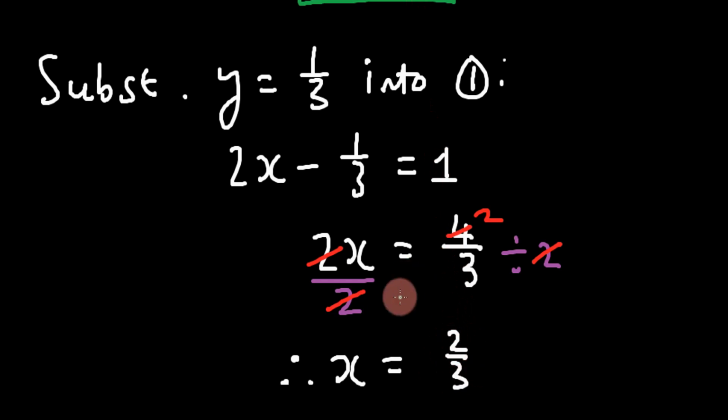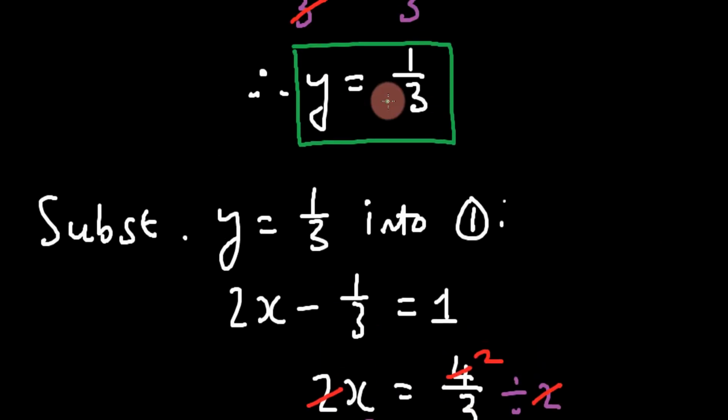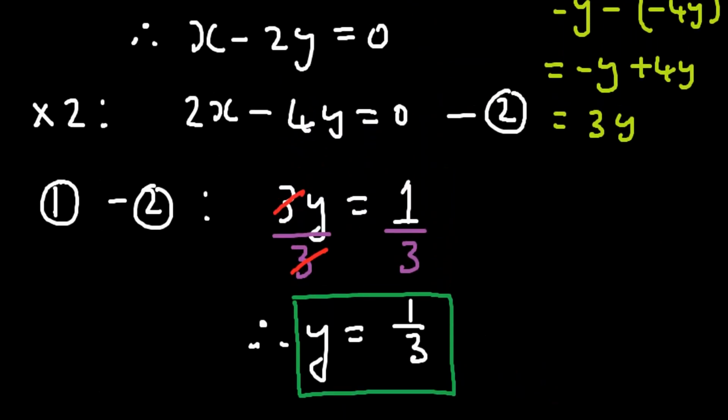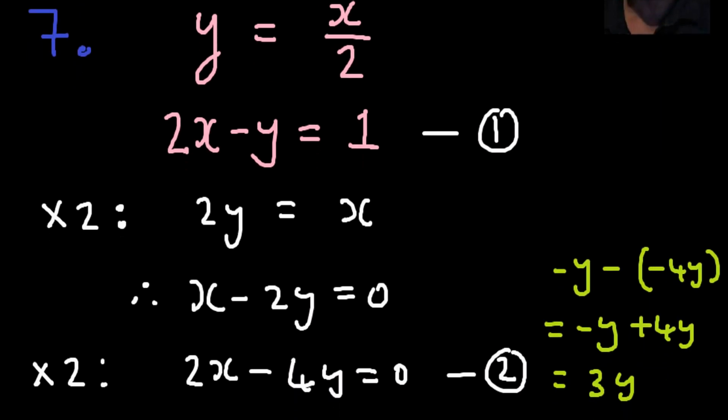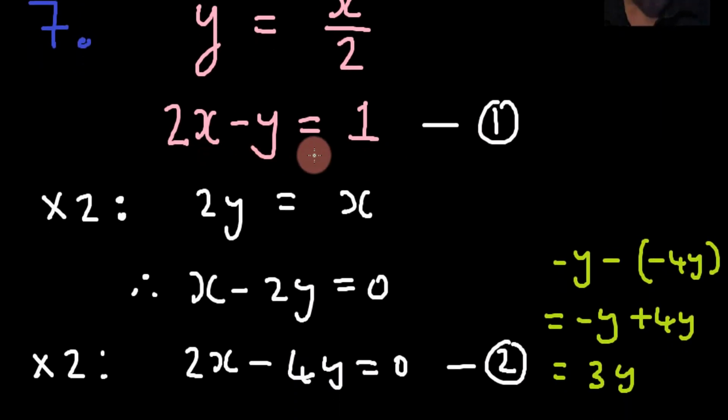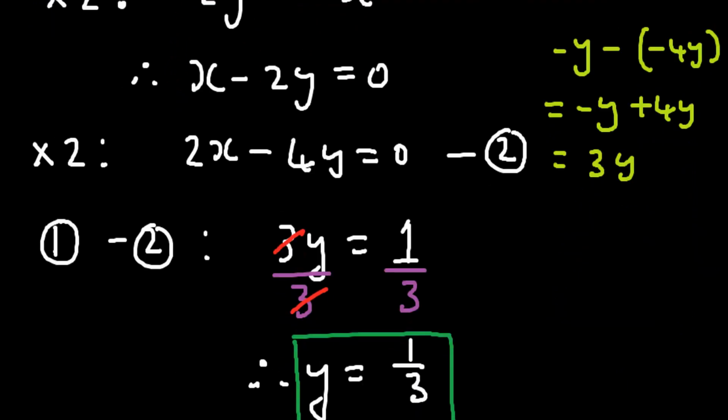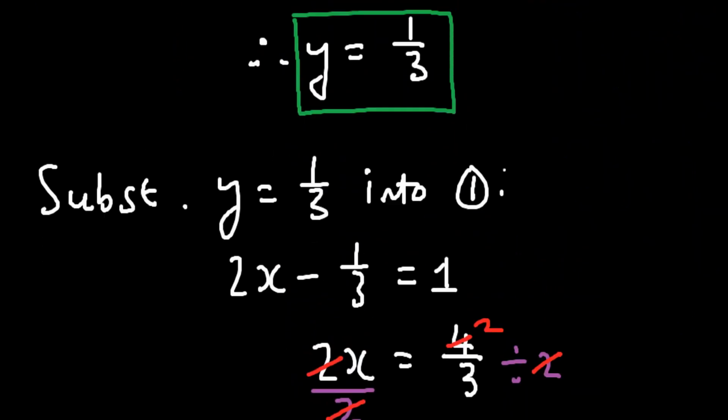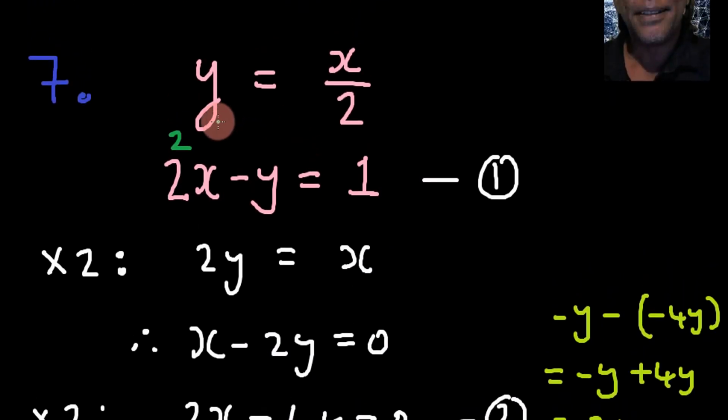So we have both the values of x and y now. x is 2/3 and y is 1/3. And we should plug back into both equations to see that it works. So 2x, and we saw that x was 2/3, minus y, which was a third, and that does give us 1.